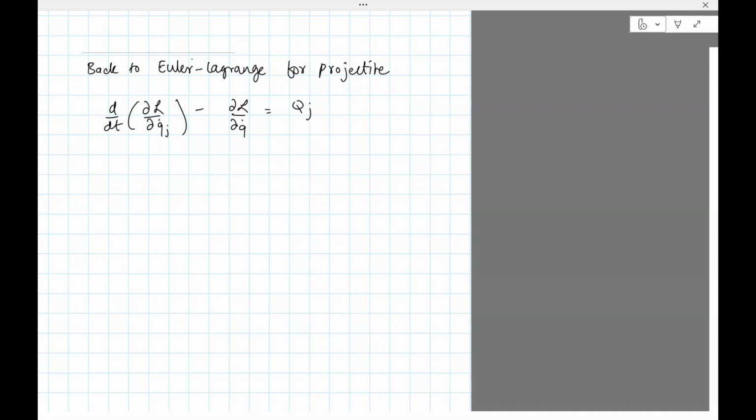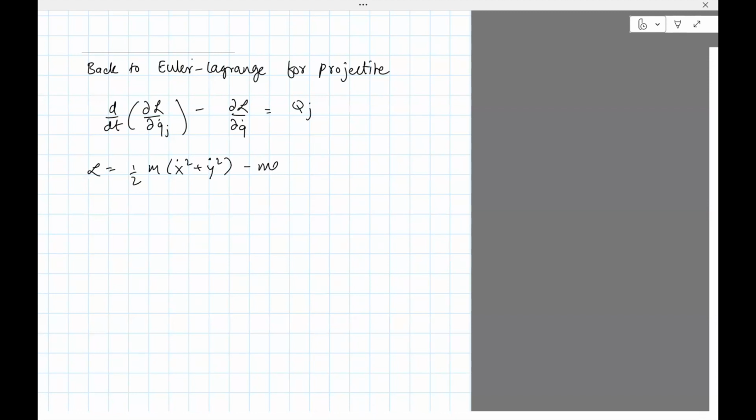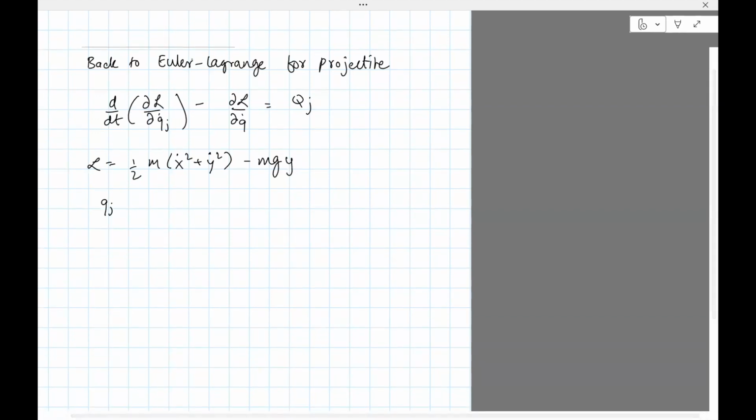Okay, so we saw that L is half m times x dot squared plus y dot squared, minus mgy, where qj was x and y, and capital Qj was fx, fy, and there was some formula for this which I won't write here.